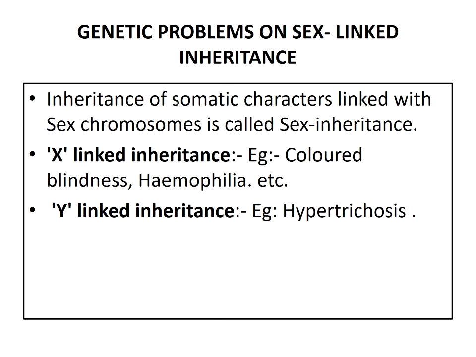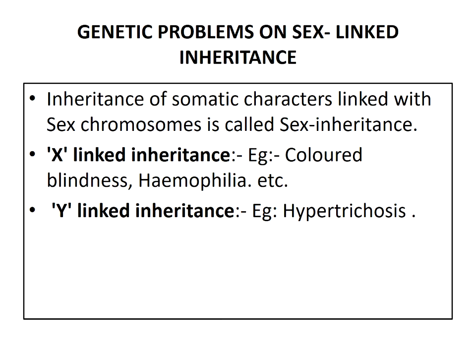So the genes which determine the characters are only present in X chromosomes and they are absent in the Y chromosomes. By this we call it X-linked inheritance. Examples of X-linked inheritance are color blindness and hemophilia.